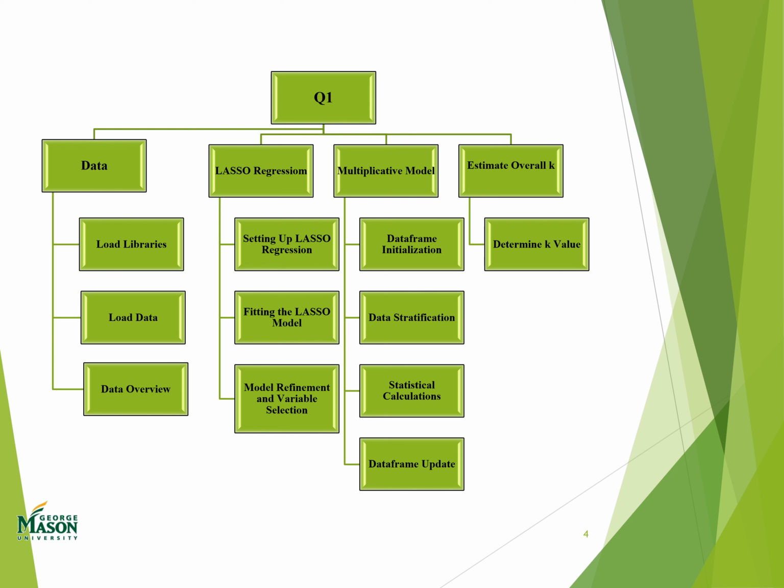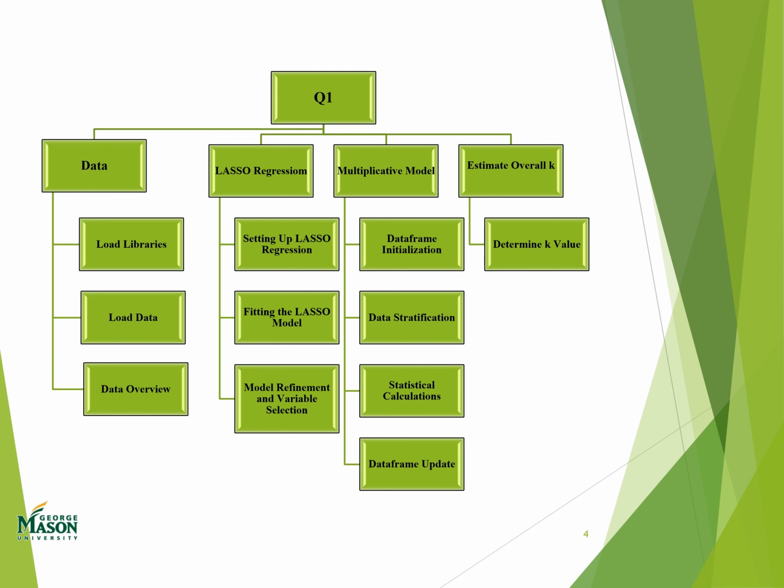Let's look at the chart which simplifies and visualizes the structure we will follow. In the data part, we have load libraries, load data, and data overview. The next part is lasso regression. We have setting up lasso regression, fitting the lasso model, and then model refinement and variable selection.